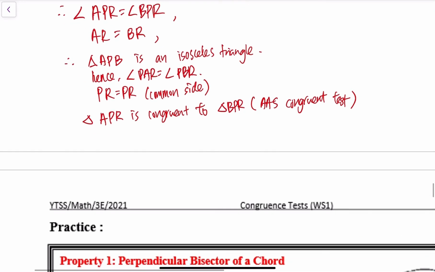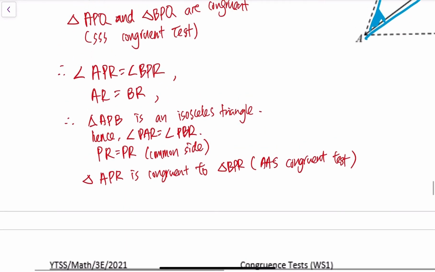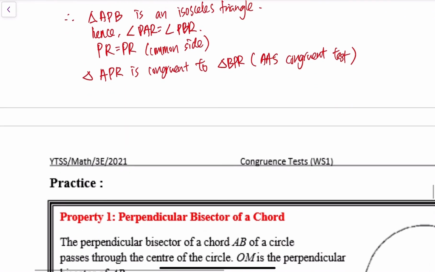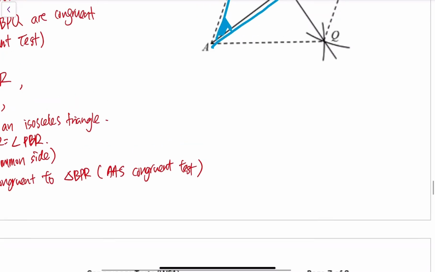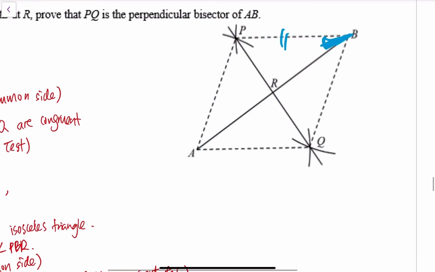So I have proven that some triangles are congruent to some triangles already. In the next step, what I can show is AR is equal to BR. You look back at the diagram. I'm going to erase it for you to see. AR will be the same length as BR.